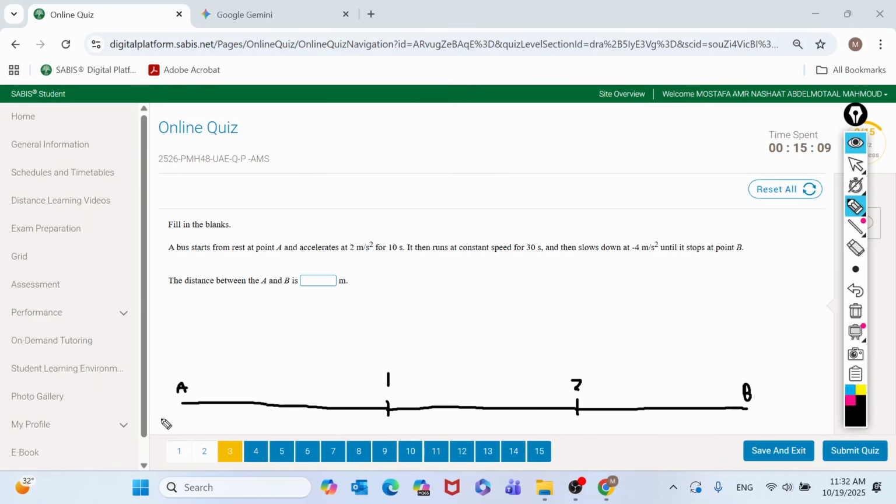So at A, it's at 0 meters and it's at 0 meters per second.